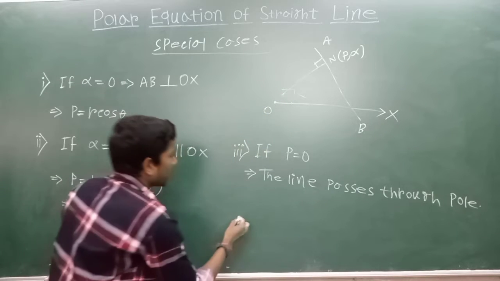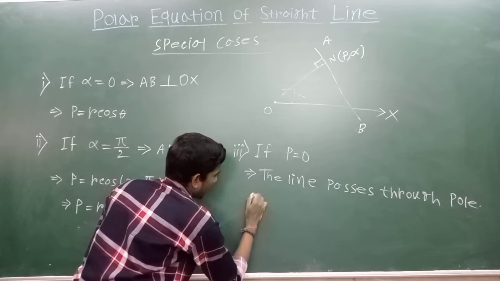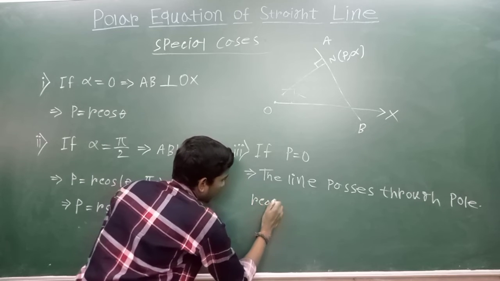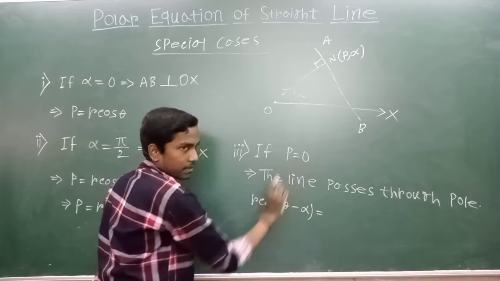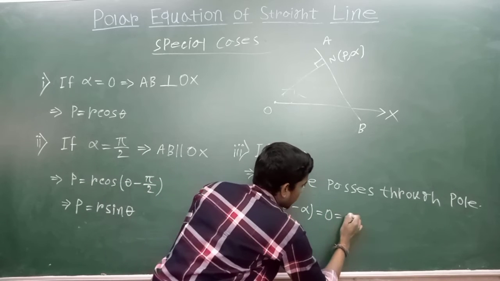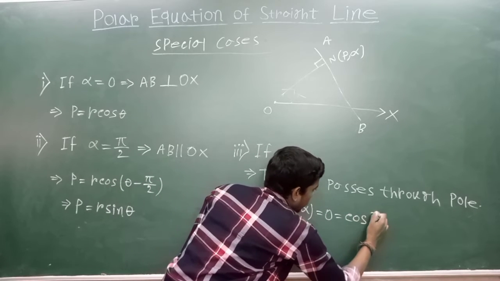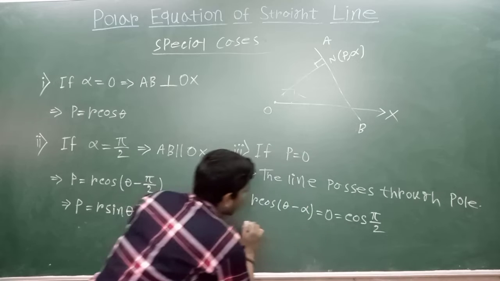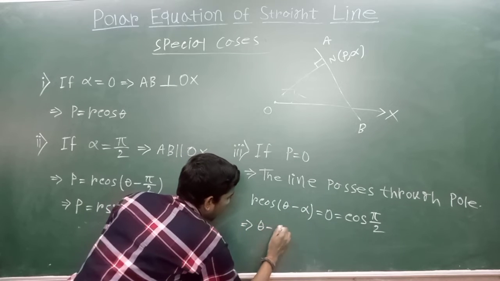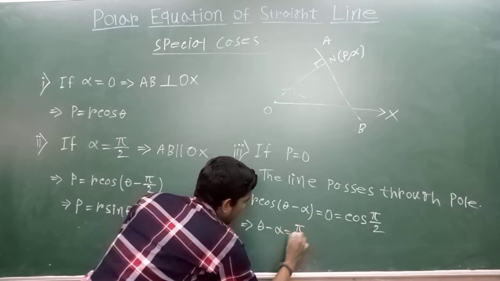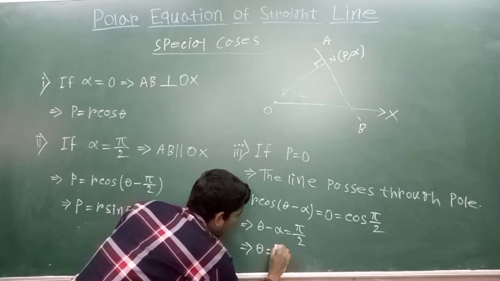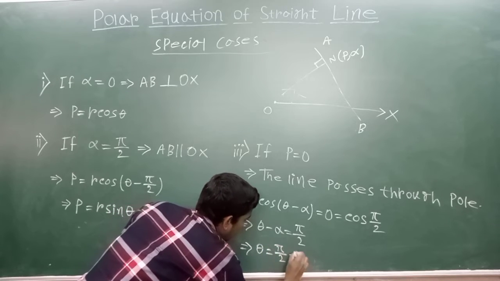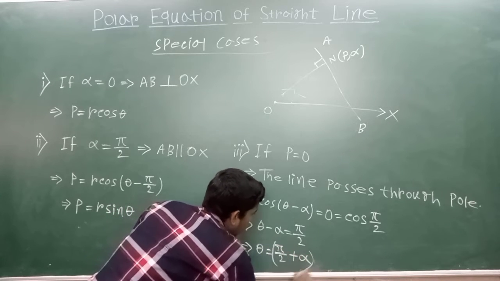Okay, so thus the equation becomes R cos of theta minus alpha is equal to P, and P is equal to 0. So this is equal to 0. That is equal to cos pi by 2. Okay, from here we can write theta minus alpha is equal to pi by 2. So theta is equal to pi by 2 plus alpha.